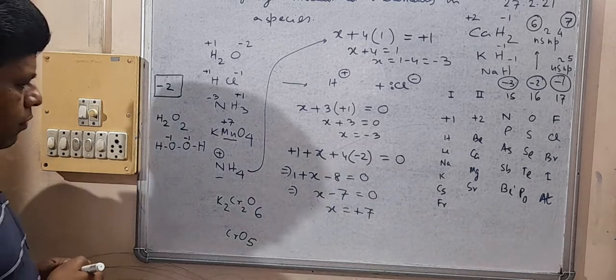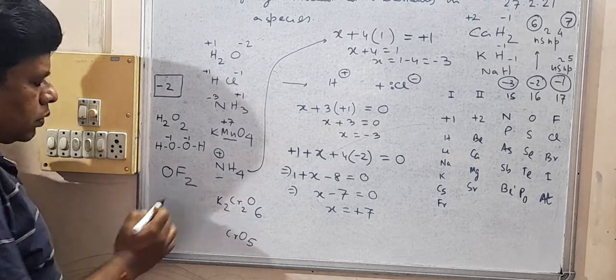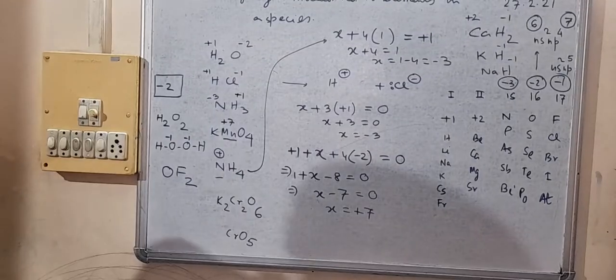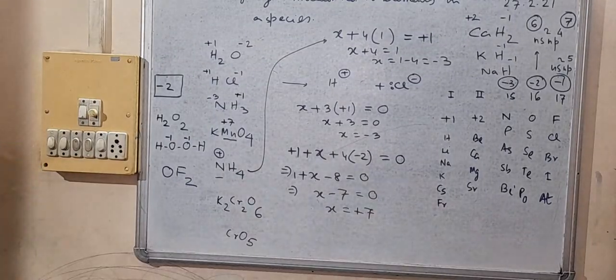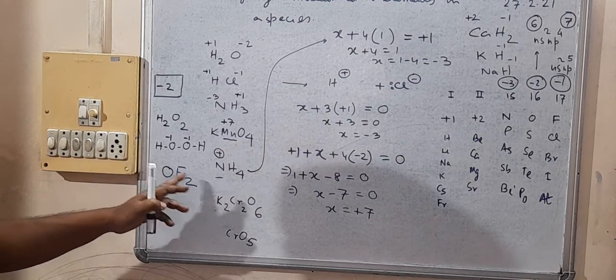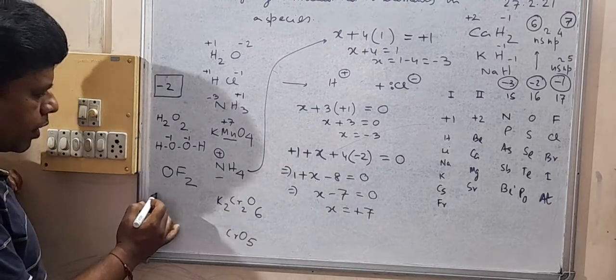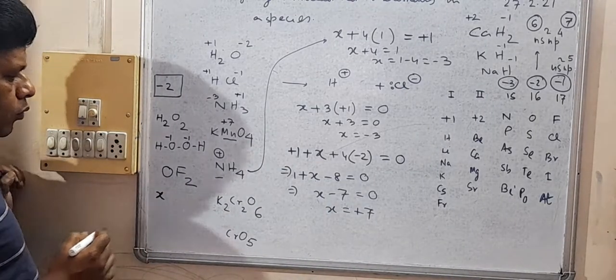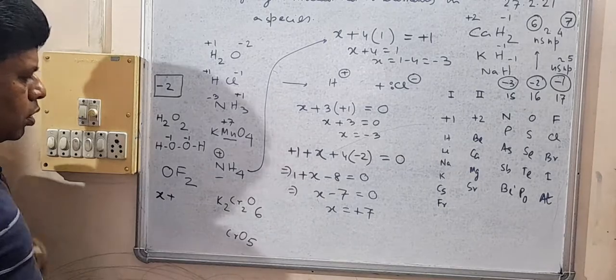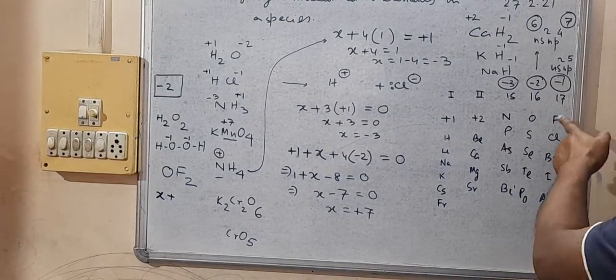For example, if you have a compound, say OF2, and if you are asked to calculate the oxidation number of oxygen here, then it will be like this: x plus, now fluorine, which is an element of group 17.